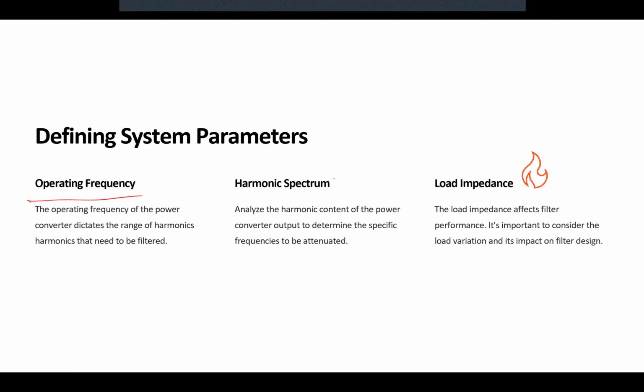Next, harmonic spectrum. What kind of frequencies do you have in your harmonics? For example, as in the example I made previously, in a power system with a PWM square wave, the next frequency after the first, fundamental component is ideally the third component. So you know that the harmonic spectrum ideally starts from 180 and goes up.